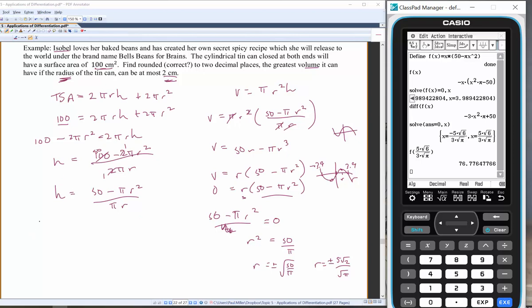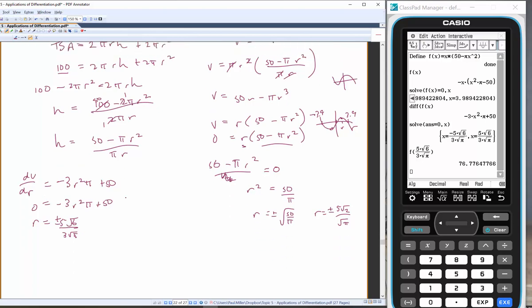Right, so let's formalize this a little bit better. So dV/dr is equal to negative 3r squared pi plus 50. I've just copied it straight from the calculator. I'm going to go 0 equals negative 3r squared pi plus 50, and r is equal to plus or minus 5 root 6 over 3 root pi.